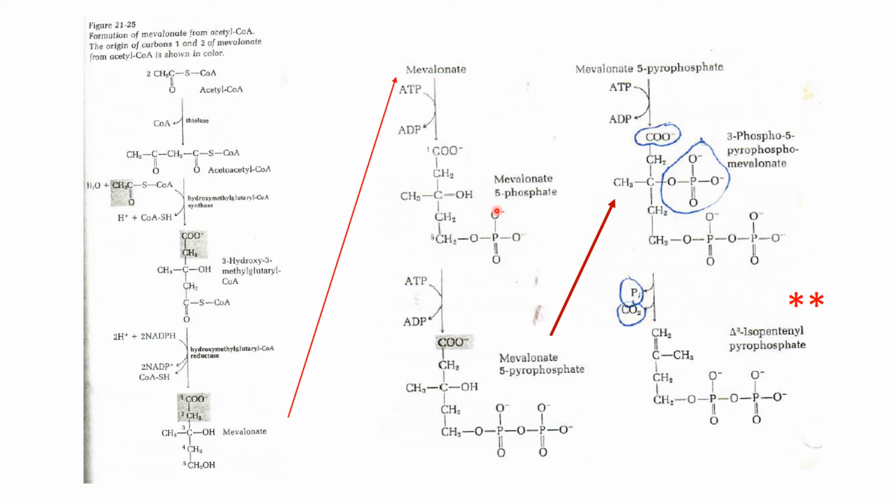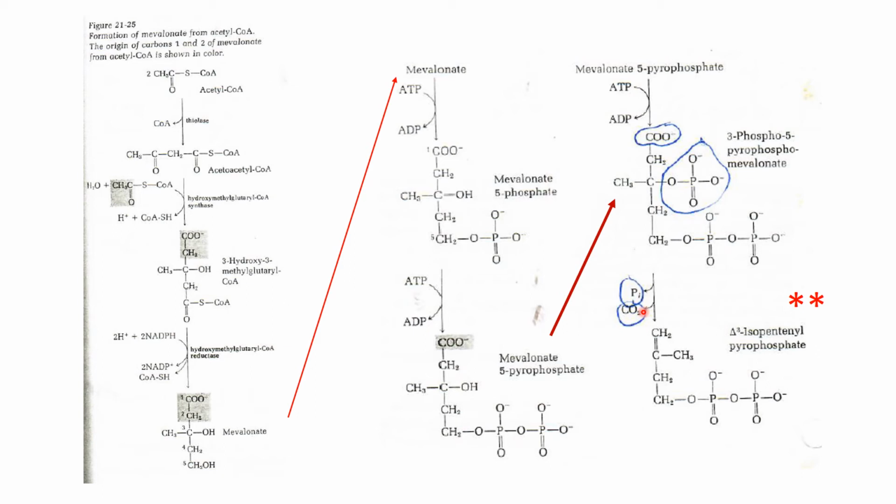Then we phosphorylate at the 5 carbons. So there's 1, 2, 3, 4, 5th carbon there. I guess they don't count that guy. Okay, so that's mevalonate 5-phosphate, mevalonate 5-pyrophosphate. We're back over here, mevalonate 5-pyrophosphate to make this, and then we take off a phosphate and a CO2.